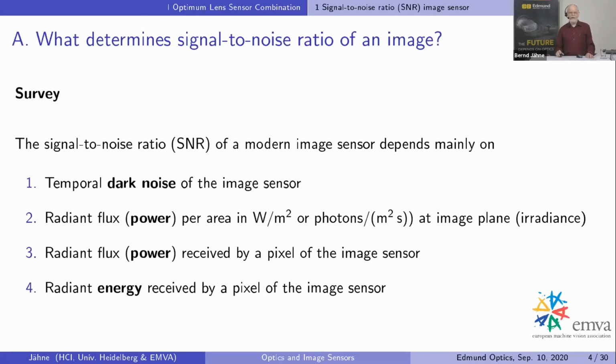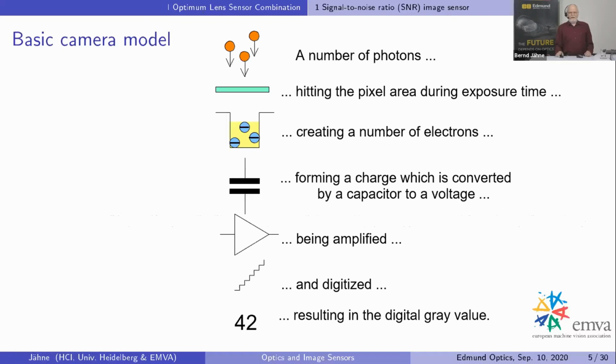I switch to the next slide here. So how does a camera which converts photons into a digital signal work? And the nice thing is I can show this to you without any equations. You have a number of photons hitting the pixel area during the exposure time.